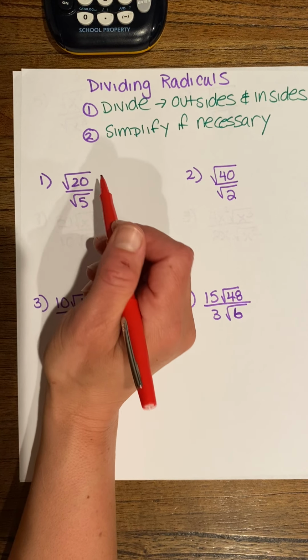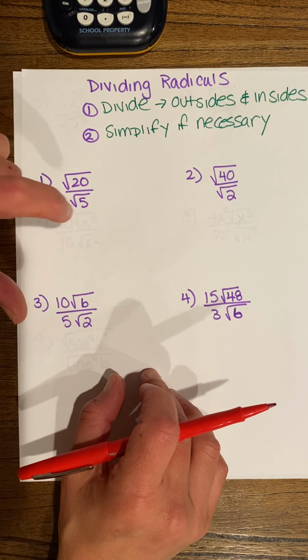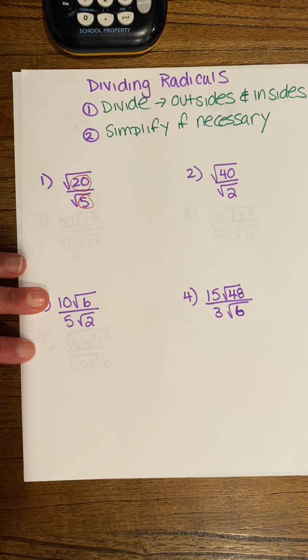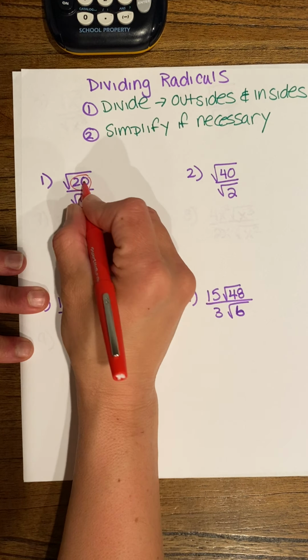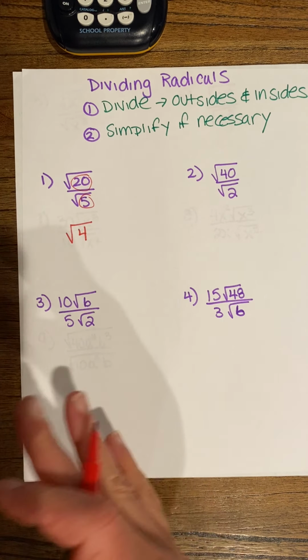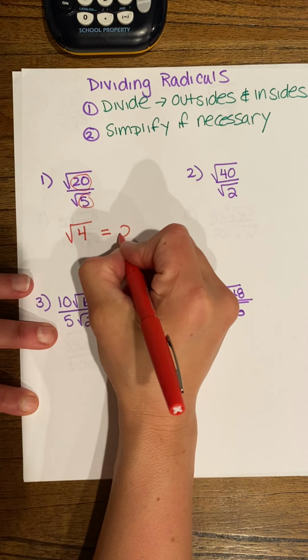So in this first example, I'm dividing a rad by a rad. Both these numbers are inside, so I can divide them. When I divide them, it stays in a rad, and 20 divided by 5 is 4. Again, you check to see if you can simplify, which I can here. The square root of 4 is just 2. So final answer, just 2.